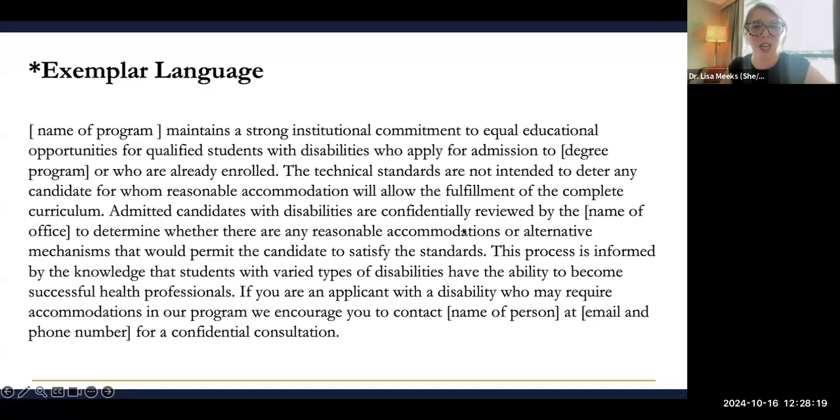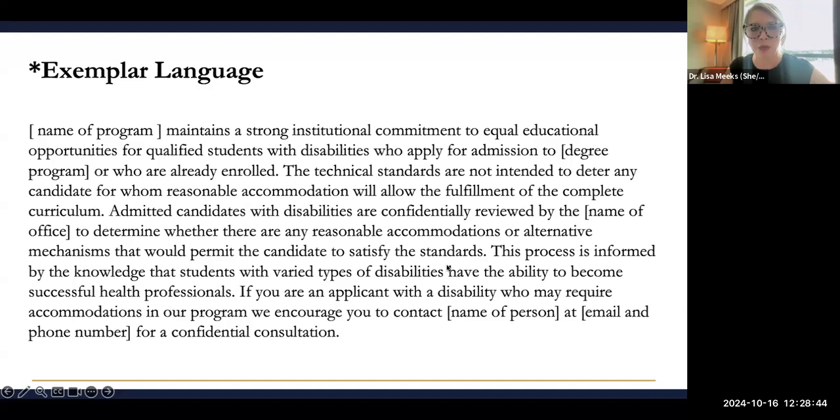The technical standards are not intended to deter a candidate for whom reasonable accommodation will allow the fulfillment of the complete curriculum. Admitted candidates with disabilities are confidentially reviewed by the name of the officer to determine whether there are reasonable accommodations or alternative mechanisms that would permit the candidate to satisfy the standards.